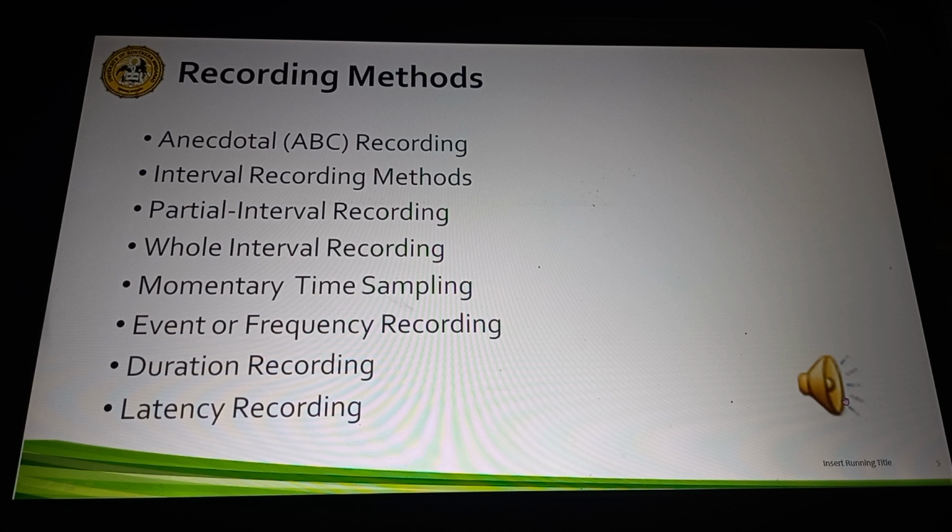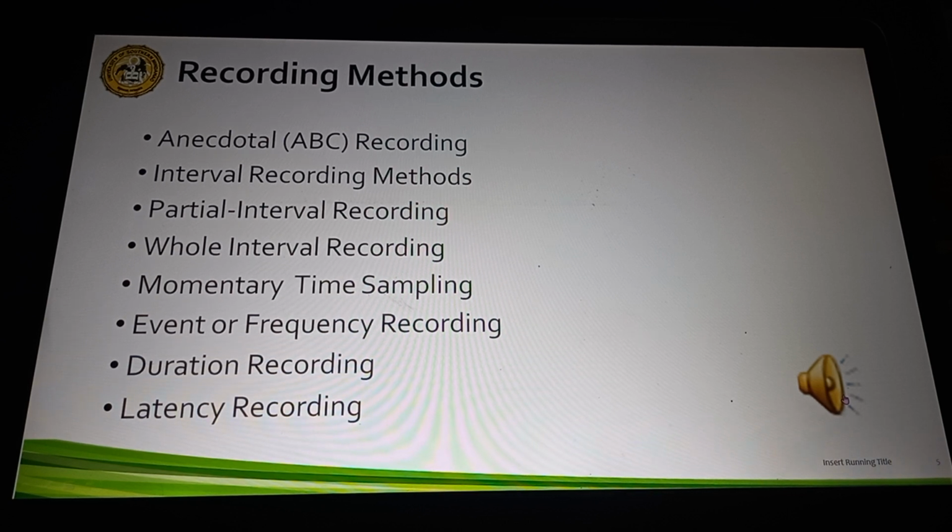But these all focus on observing the frequency of the behavior. Take note, since we are recording the intervals of behavior, it is mainly concentrated on the frequency of behavior. And they use simple yes or no counts of whether a behavior was observed to occur during each interval.